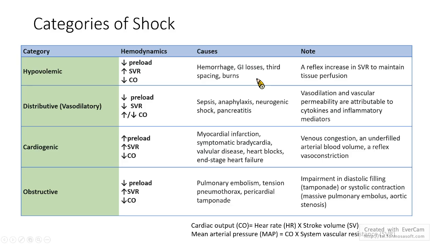And also to note that there might be a reflex increase in SVR from the compensations of body systems, because your body is trying to maintain the tissue perfusion as best as it can. And the second category is distributive shock, or so-called vasodilatory, such as sepsis or anaphylactic situations, and it is dominated by the decrease of the systemic venous resistance.